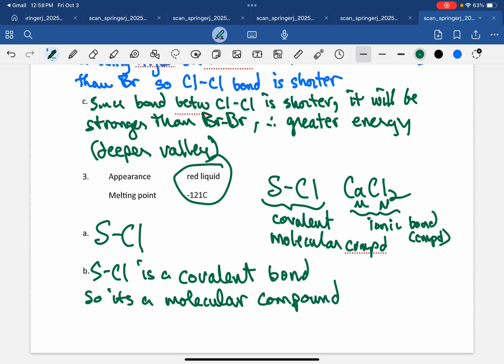You could probably even say covalent compound and they would count that, right? And so it has a very low melting point. If it were the calcium chloride, you could say the opposite. It would be an ionic bond. So it's an ionic compound which would have high melting points, very high melting points.